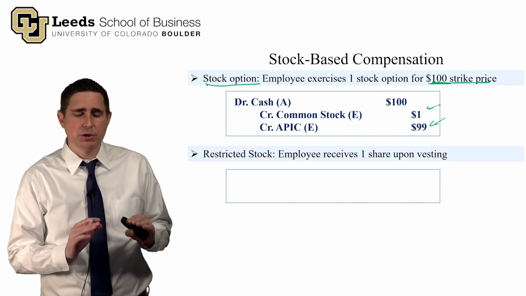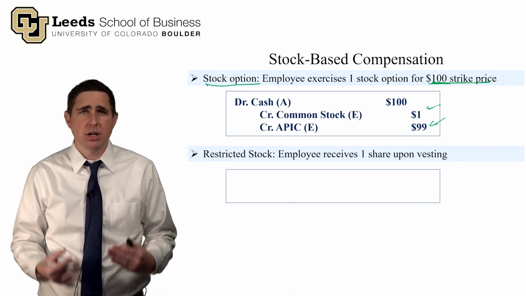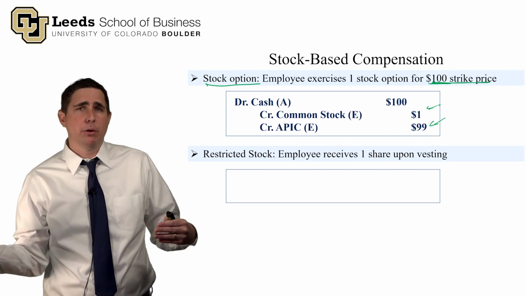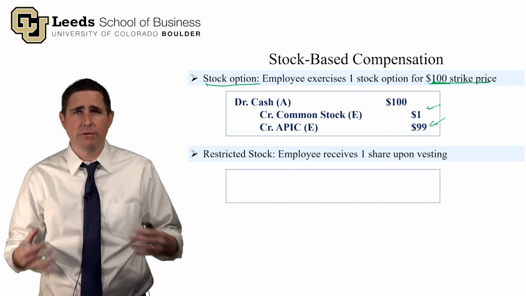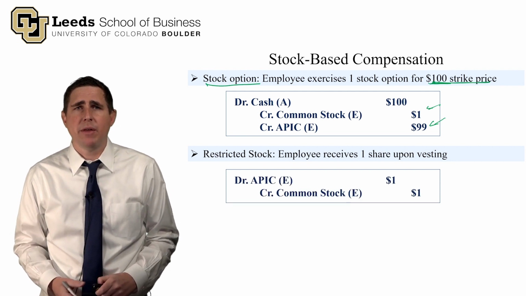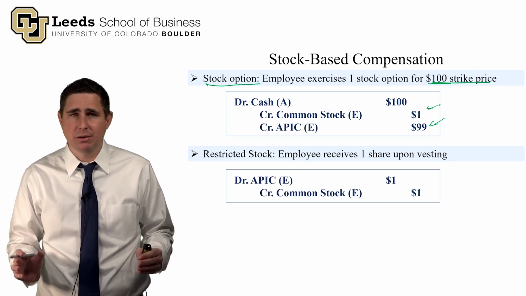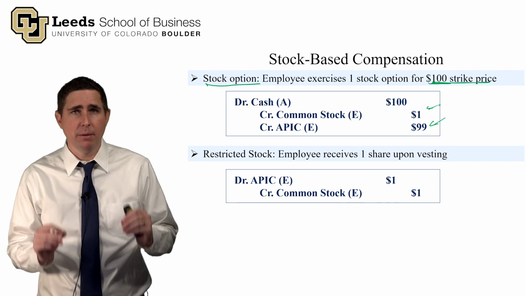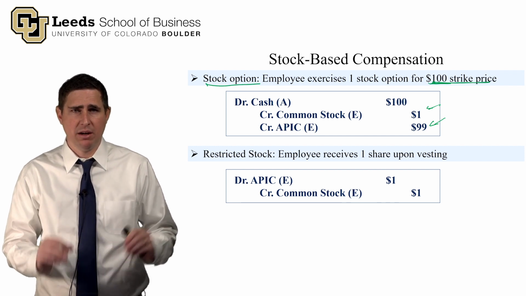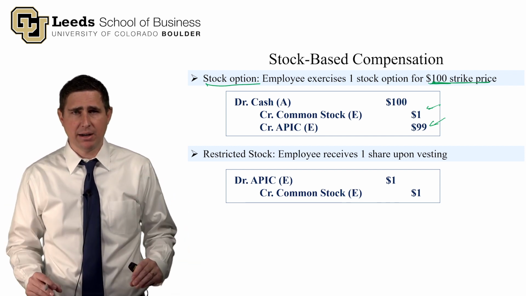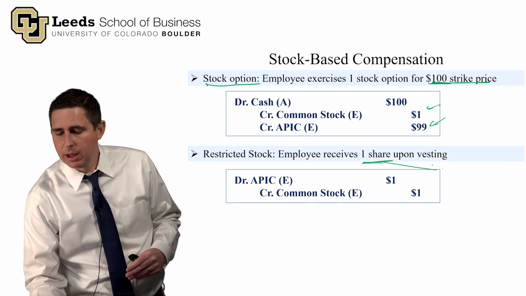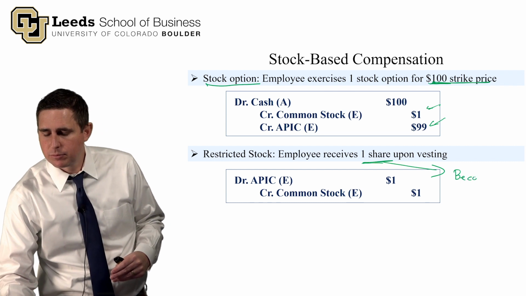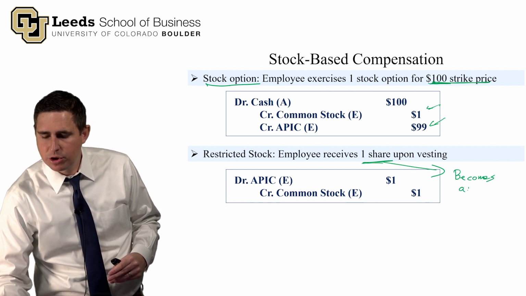Finally, how do we account for restricted stock? Restricted stock is just at the end of the vesting period, the employee just receives the share. Okay, there's no option or anything involved, you just receive the share. And so that's just a simple reclassification of a small par value amount between additional paid-in capital and common stock. So we just need to reflect the fact that this one share now becomes an issued share.